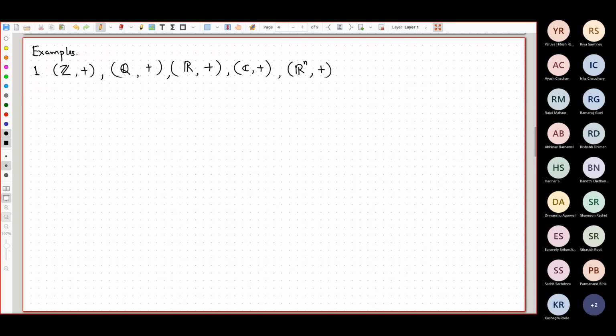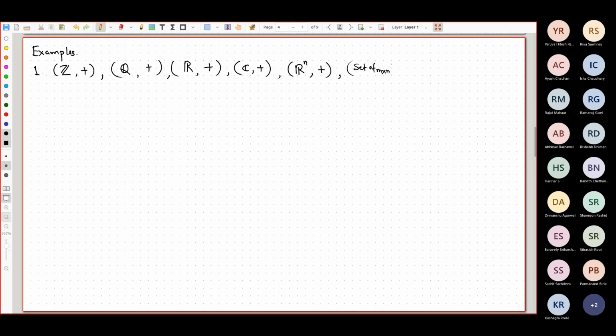Matrices. Aradhya, yes, good. Matrices, but all matrices? Is it okay to put all matrices under addition? They should be of the same order, same shape. Good. So the set of m cross n, let's say real matrices.